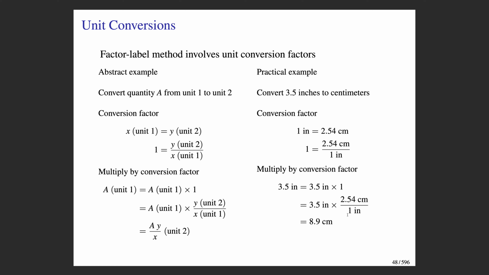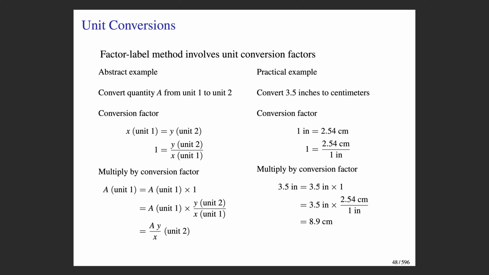You'll see that the inches cancel out, right? The inches in the numerator cancel the inches in the denominator here, and then we're left with units of centimeters after we multiply 3.5 times 2.54. And so that's the secret to doing unit conversions.